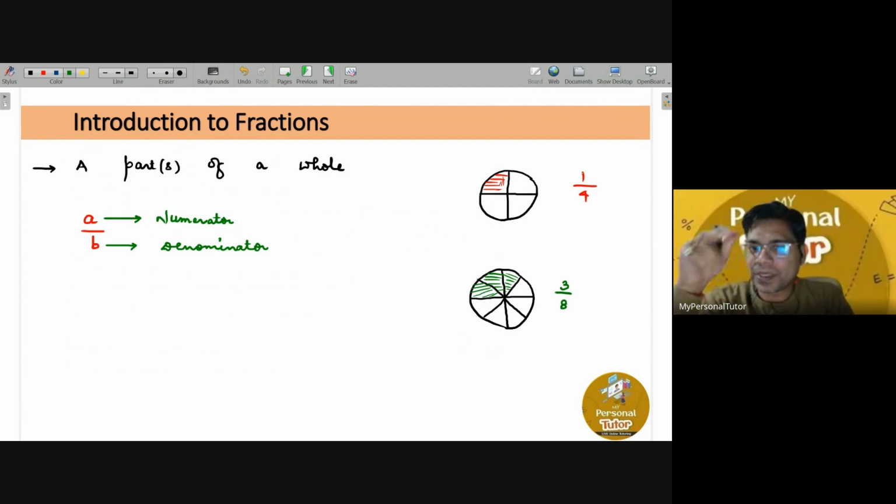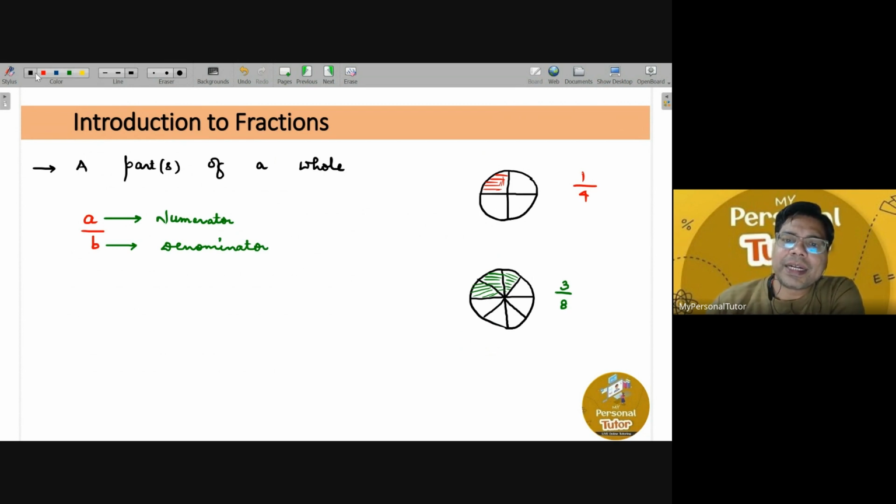Here in the first pizza, I have taken one slice out of 4. So the one slice we have taken is on the top, and the denominator is the total number of slices. Not necessarily any pizza, it can be of any shape.